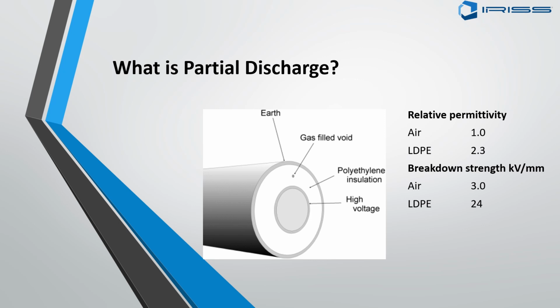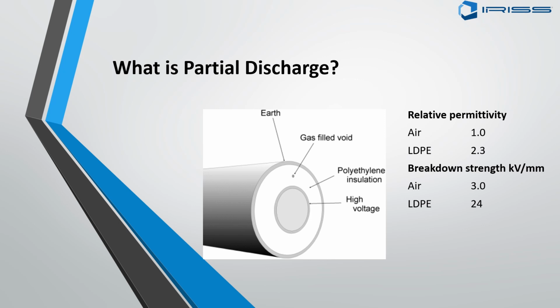Now let's talk a little bit more about what happens mechanically inside of an insulator. So here we have a cable. We have the high voltage conductor in the center of the cable, some sheathing material, some insulating material, and then an external earthing sheath on the outside. And we have this little defect in here, this little gas-filled void. Now, why does a partial discharge take place inside that void?